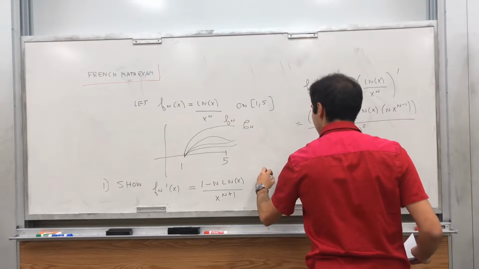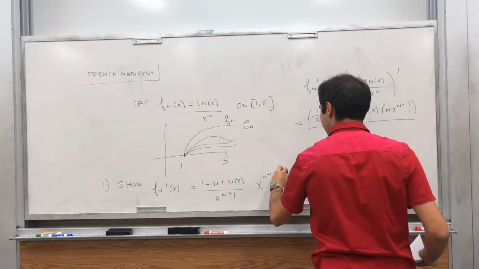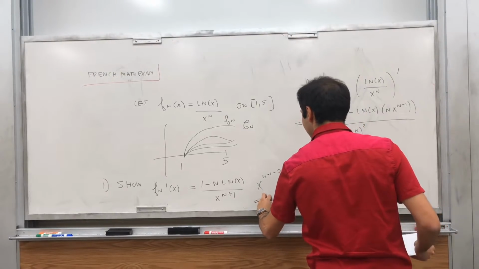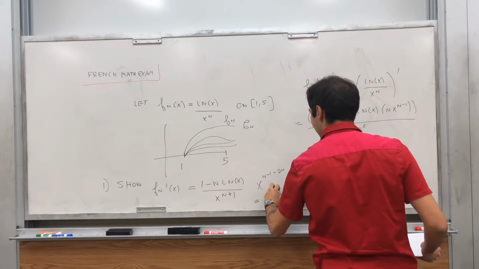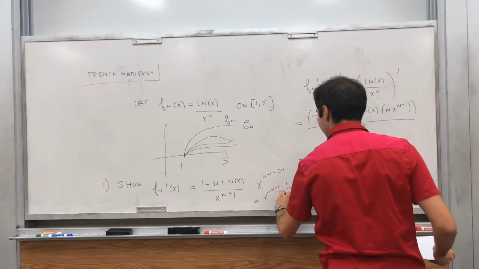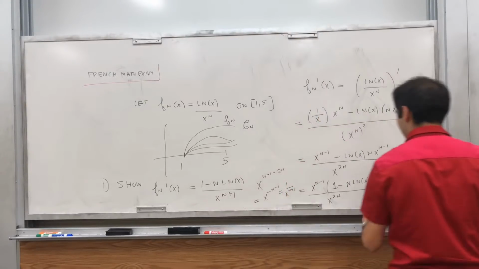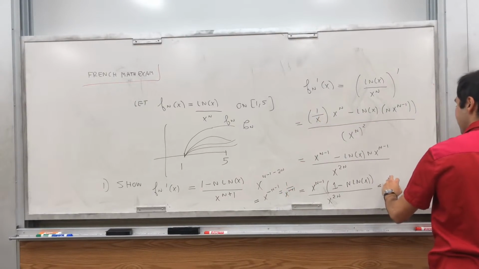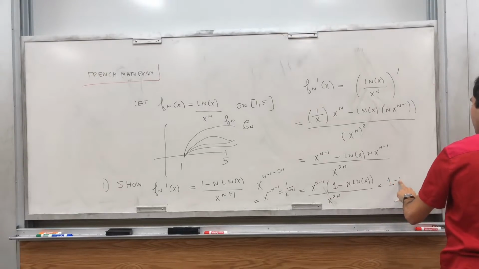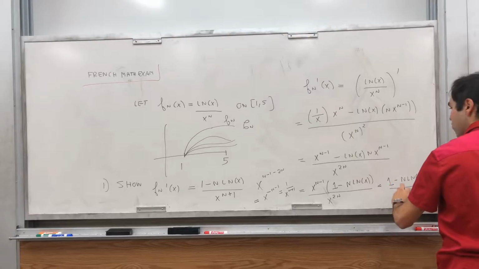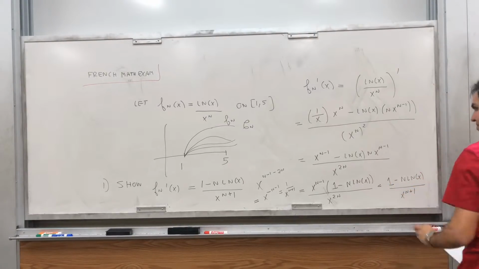That's x to the n minus 1 minus 2n, which is x to the minus n minus 1, which is precisely 1 over x to the n plus 1. So in the end this simplifies to 1 minus n ln of x over x to the n plus 1.